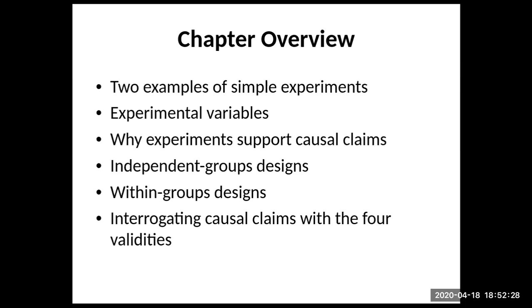So this chapter is simple experiments, which means we're only looking at one independent variable with two levels and one dependent measured variable. And then we will interrogate these causal claims for the four validities. Because all four apply, this is the only one where all four apply, and internal validity, which didn't apply in the first two claims, is now the priority in the third one.